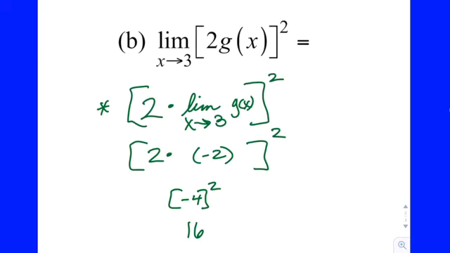Think you got it? Look up there and see if I got the same answer as you did. If I did, it means I'm probably right. Because I trust you all a lot.